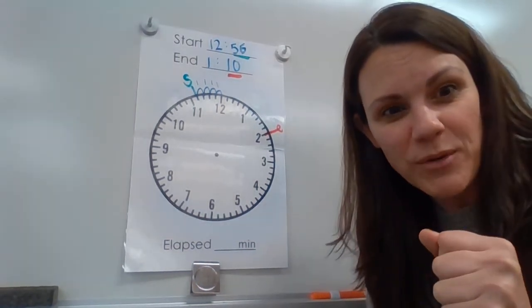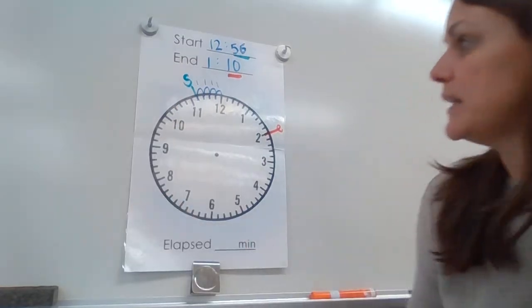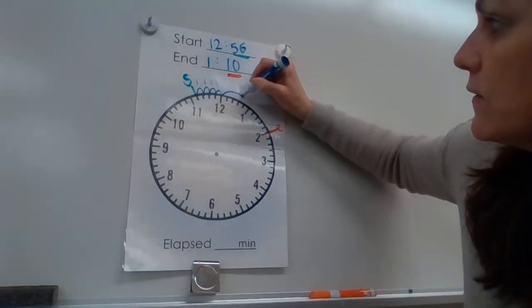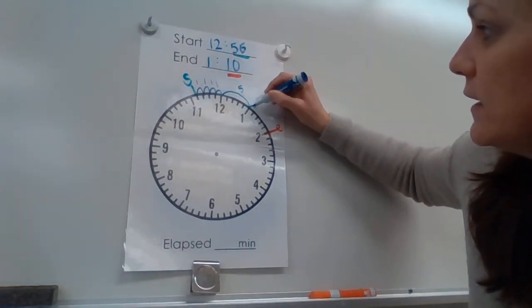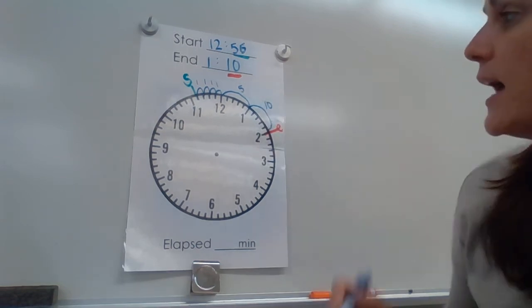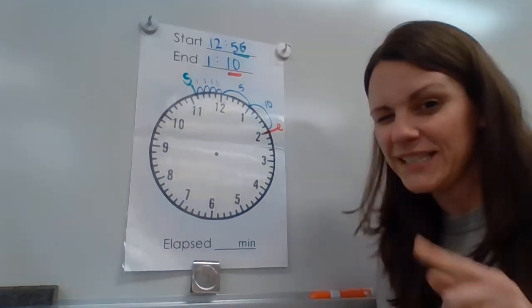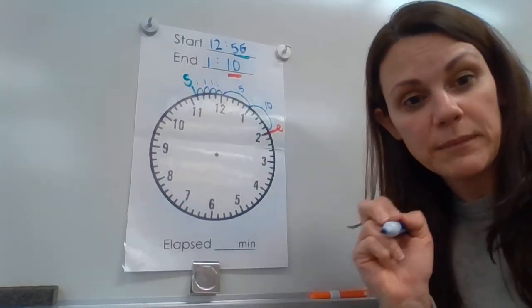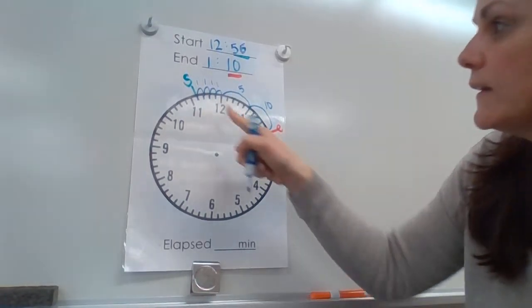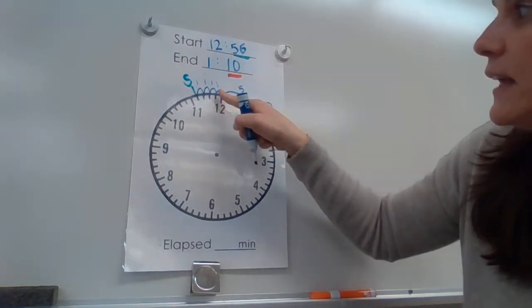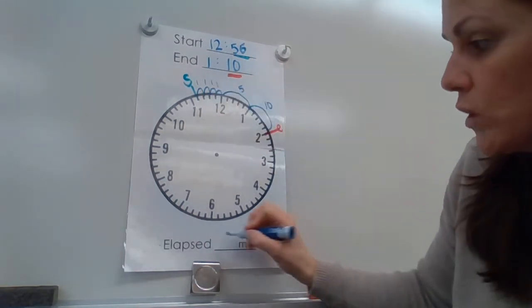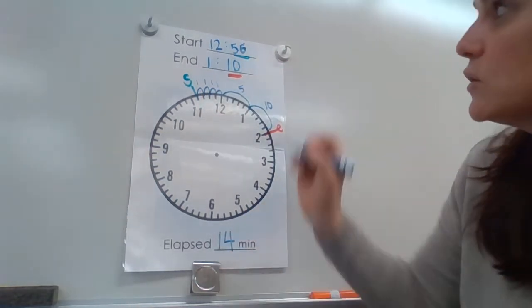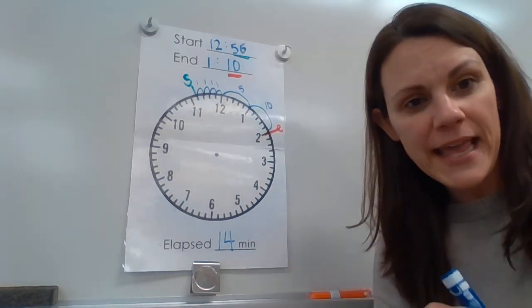Once we get to a big number, we can start doing bigger jumps again. Big jumpity bumps. 5, 10. Ah, we've gotten to our end time. Was it 10 minutes though? No, we have to remember to add on those 4 little jumpity bumps. Those 4 little tiptoes. So 5, 10, 11, 12, 13, 14 minutes between start time and end time.